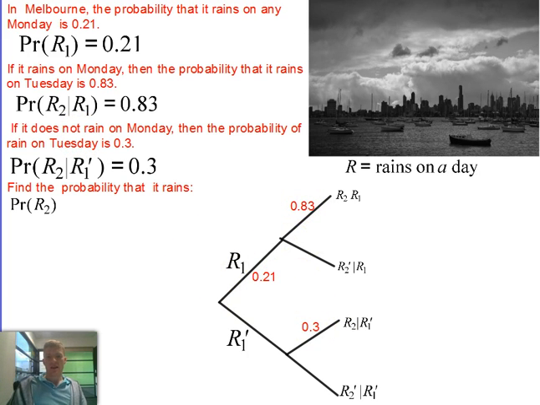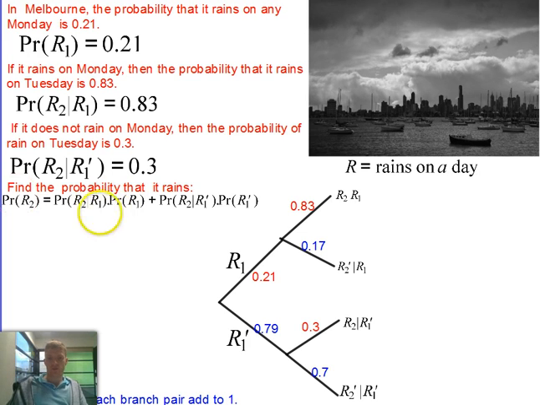What's important is that the probabilities of each branch pair add up to 1. So this branch and that branch together are a branch pair, and the sum must add to 1. So we can work out all the unknown conditional probabilities.